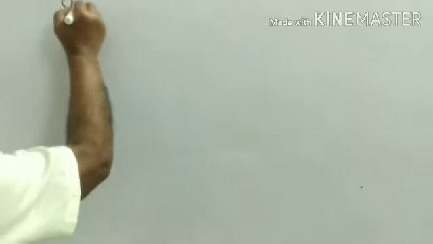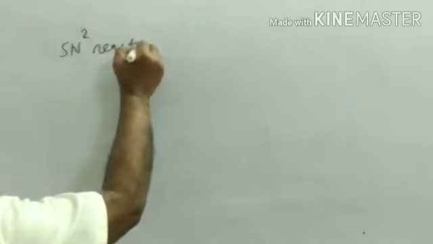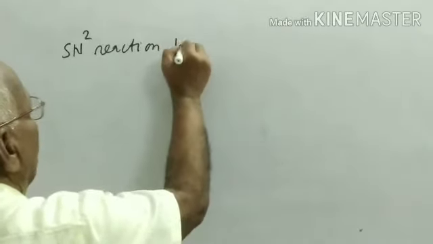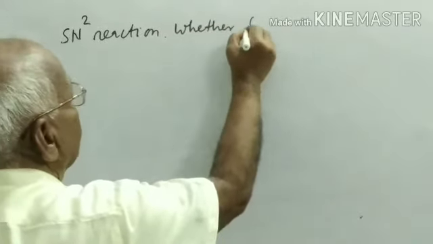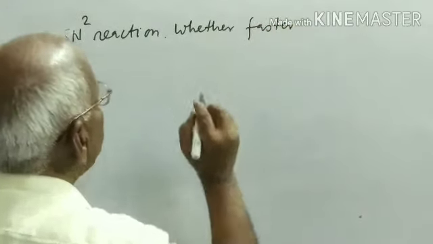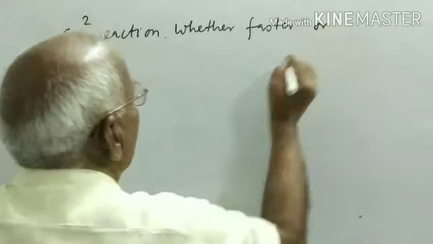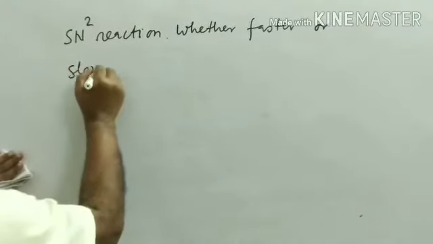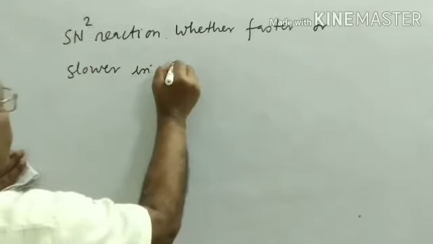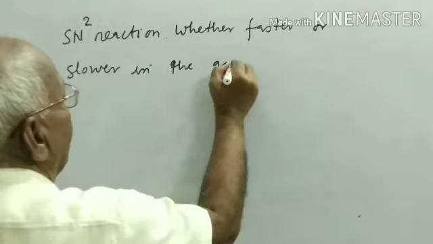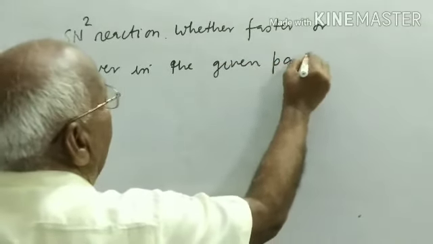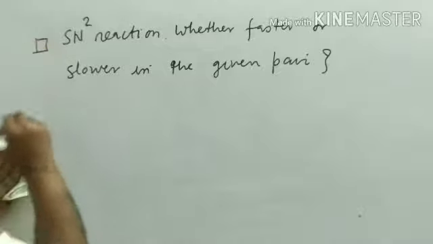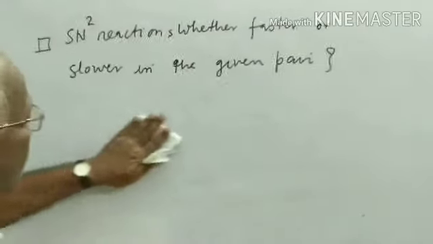It is given in the form of a pair. SN2 reactions, whether faster or slower in the given pair.